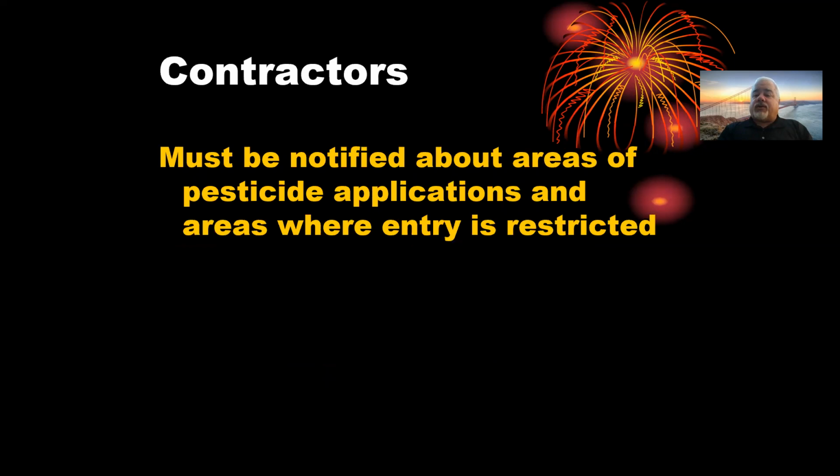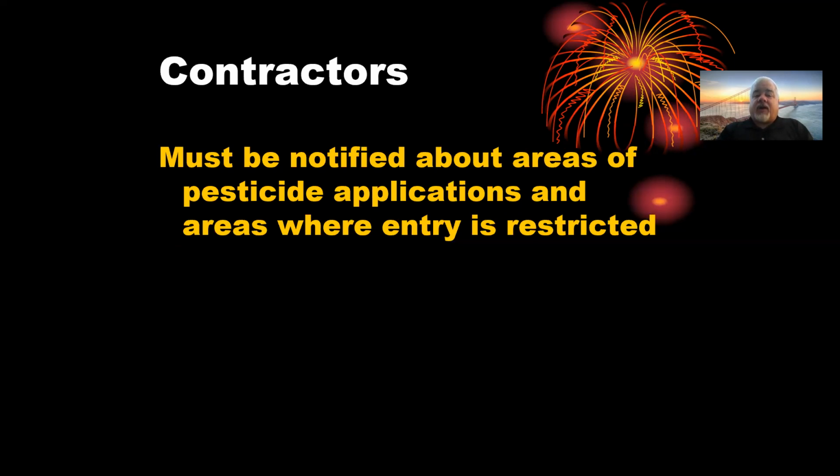What about contractors? They're not necessarily your employees. You have labor contractors doing harvest operations, maybe weeding and thinning. There are a number of things. You might have some plumber coming to your site to fix a valve. They know nothing about agriculture. They just know about plumbing. They're on your site.